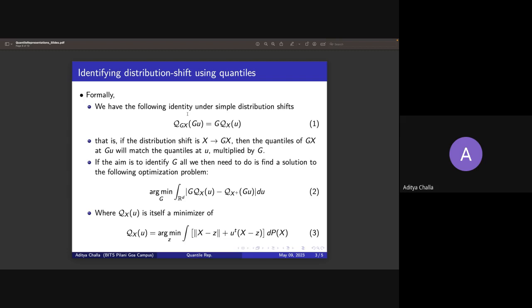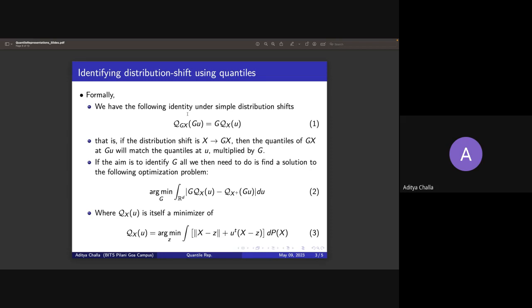So one underlying assumption which I'm making is that the way the distribution shift happens, I should be able to recover it. For instance, what if the entire x suddenly changes to minus x?